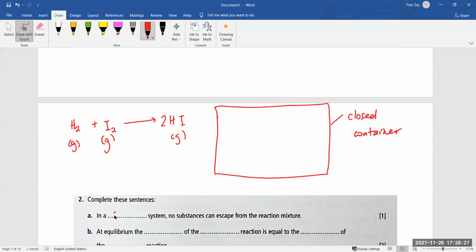Okay, in a closed system, what I do is I only put my reactants. So here I put some hydrogen. And here I put some iodine.